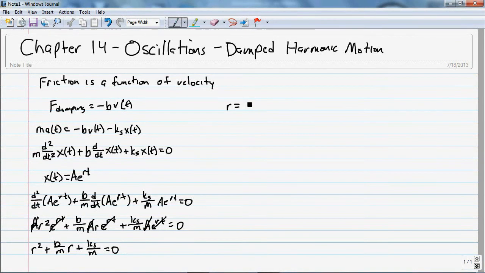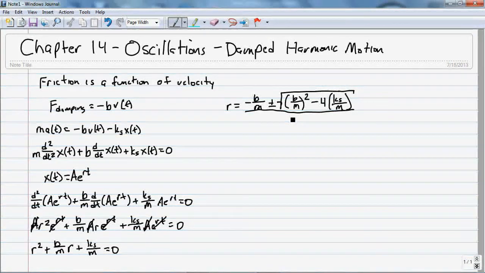And we have the negative b over m plus or minus the square root of b over m squared minus 4, a is just 1, so we have k of the spring divided by m, all over 2.